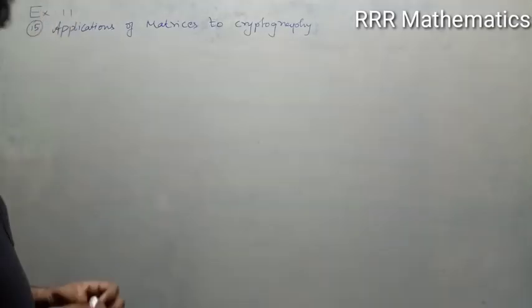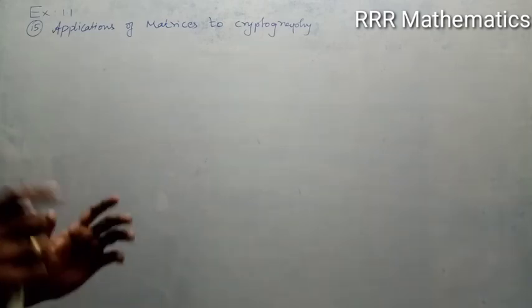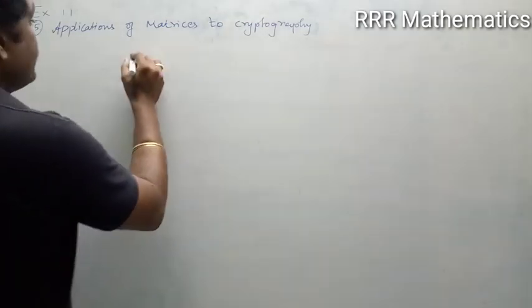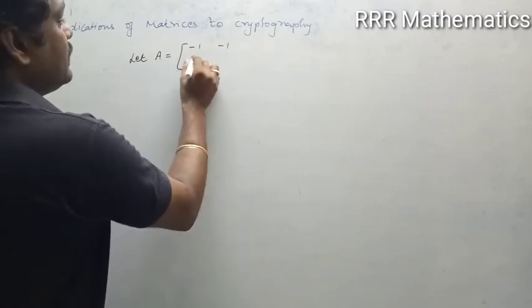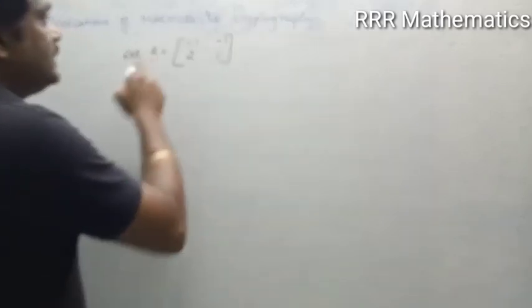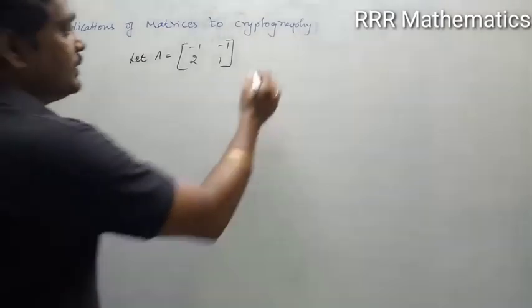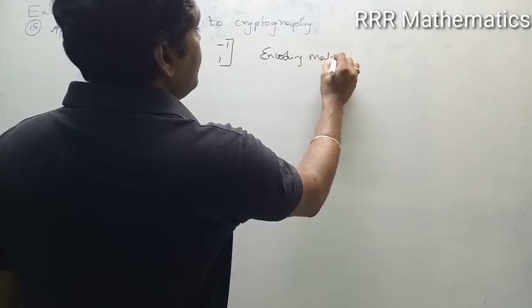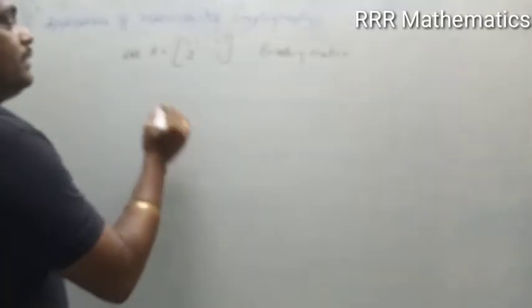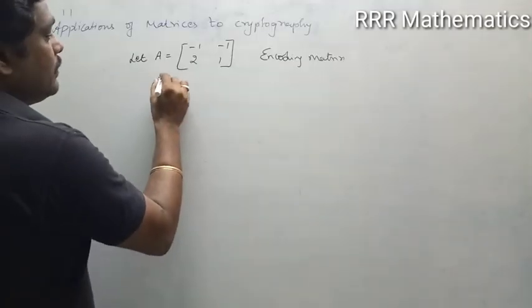Now in exercise 1.1, 15th problem, let the given matrix be A equal to [-1, -2; 1, 2]... this is the encoding matrix. Now find the decoding matrix, A inverse. What is A inverse?